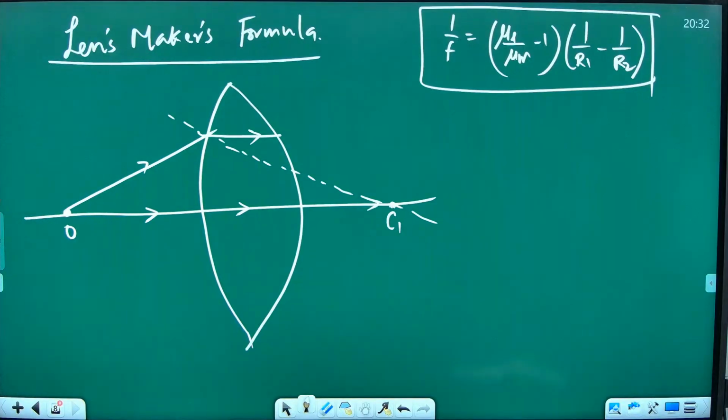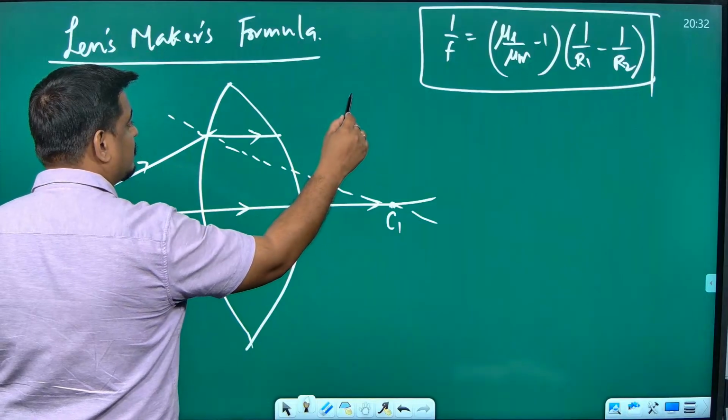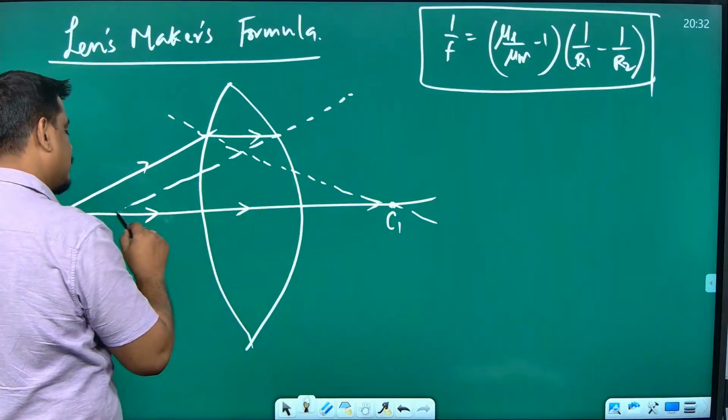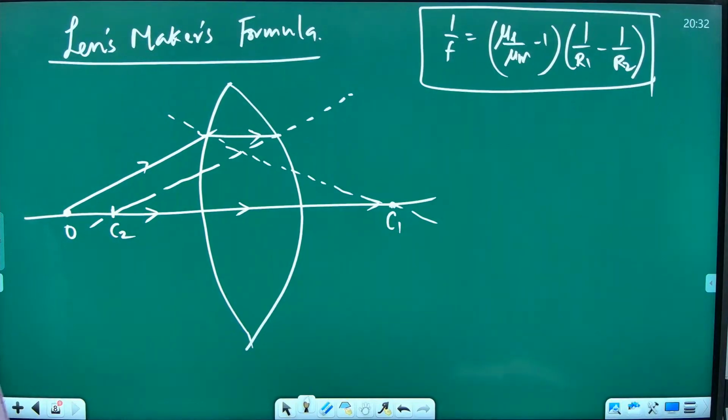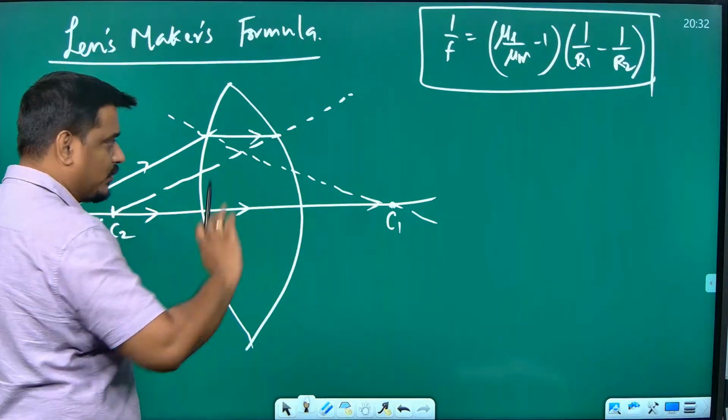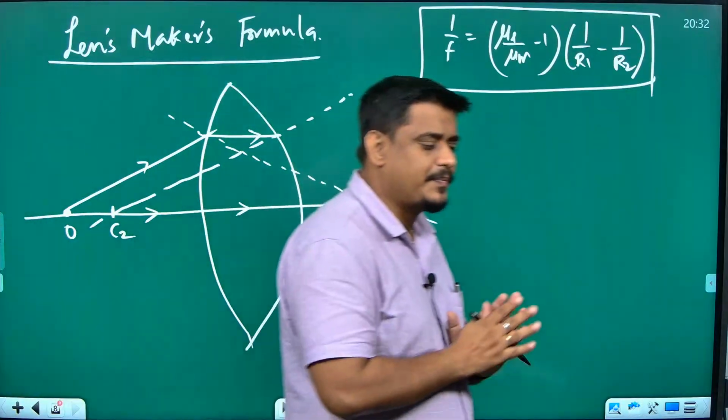Will it stop there? No. Once again I get a normal, and the normal will be drawn. This will be C2, isn't it? And now it has to go further. But before I tell you about that, please pay attention.